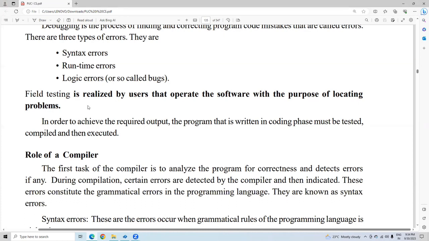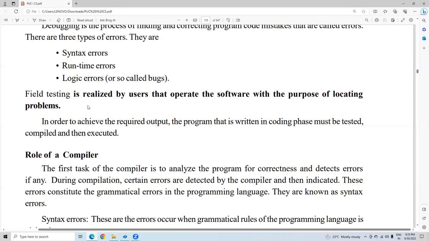When they release such kind of software, the people and experts will start using it, and while working with that software, whatever errors they get, they will report to the company so that the company will rectify those and give the final product. That is field testing, right?